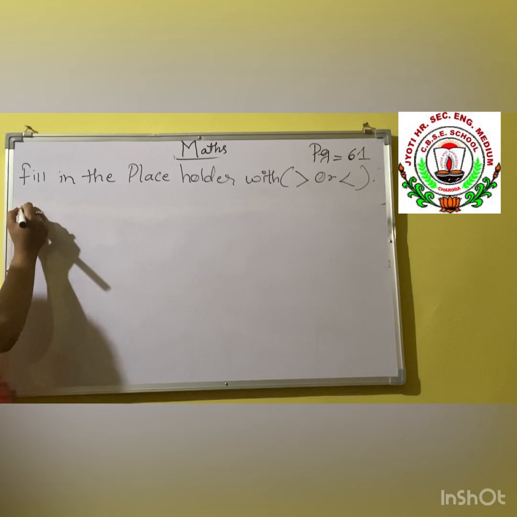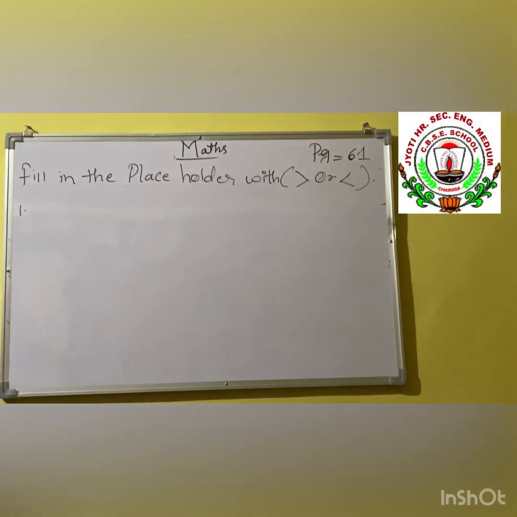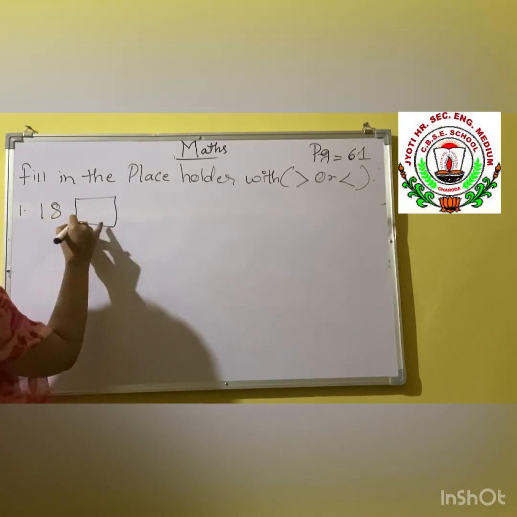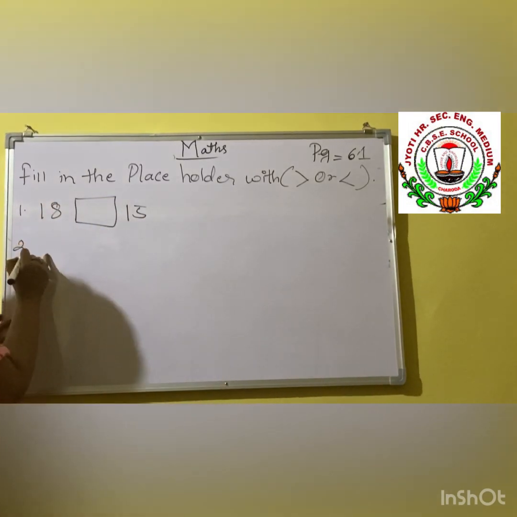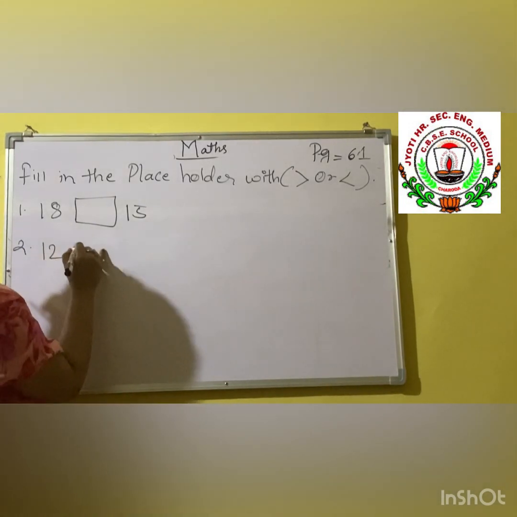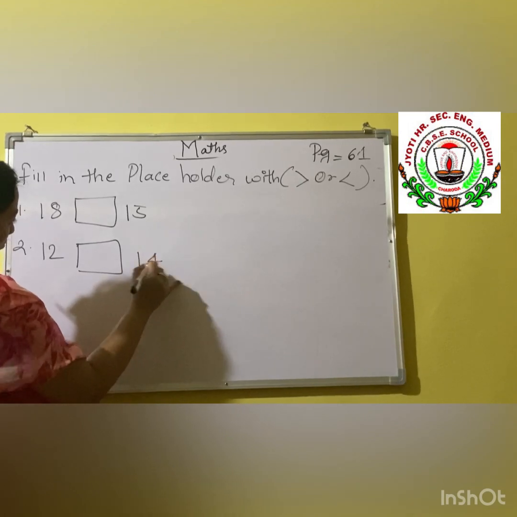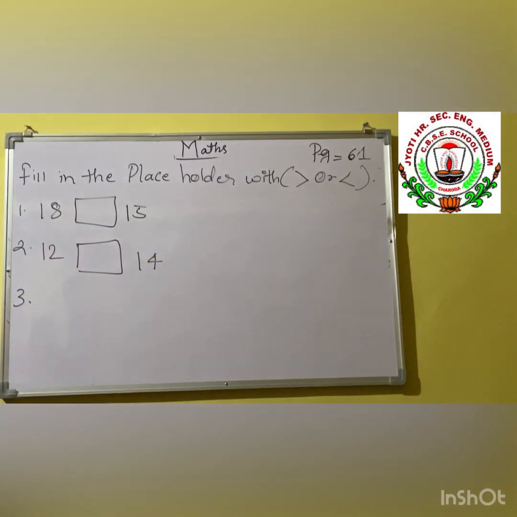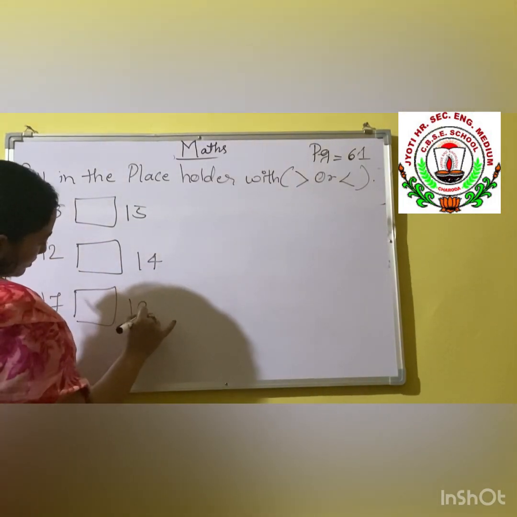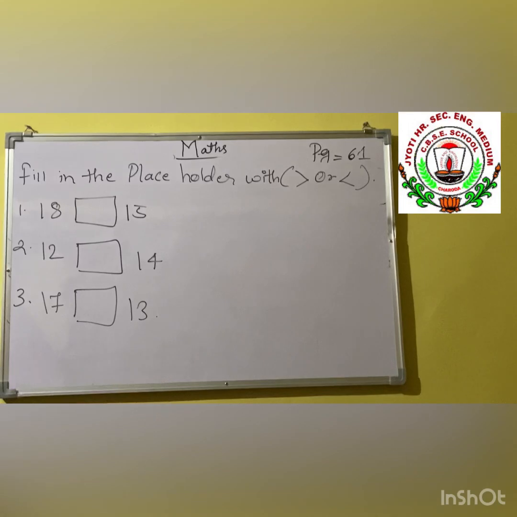so we will take a few examples of that question: 18 and 15, 12 and 14, and 17 and 13. Like this, some questions are given over there. I am taking a few questions.